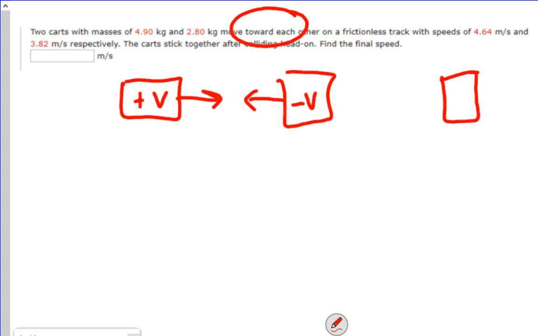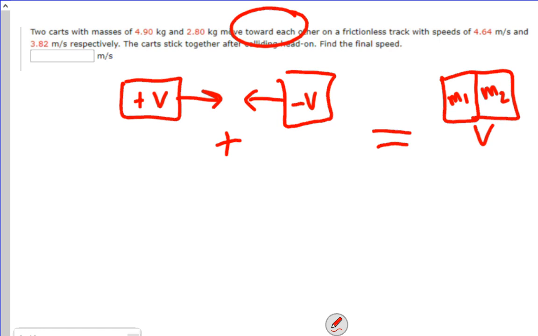After the collision, they are stuck together, which means they're going to move with the same velocity, and it also means that you're going to either add the masses up or you can do them as separate pieces, but you have to consider they have the same velocity at the end. So these two added together have to equal that one.